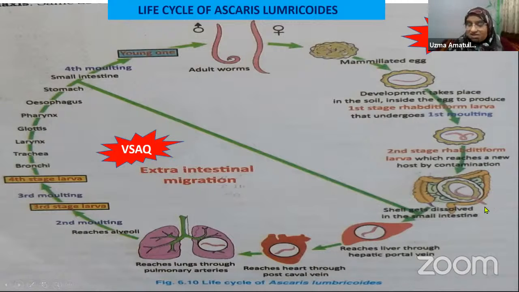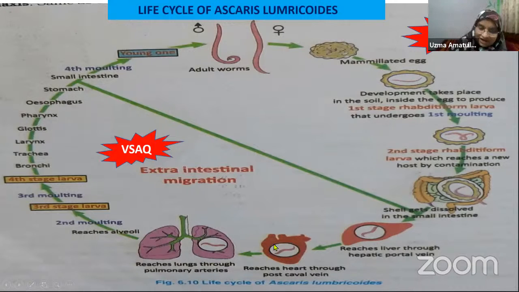It will penetrate and make its way into the blood circulation. And as the blood is going to the liver, along with that it will reach through the hepatic portal vein. And from the liver, it will reach the heart through the post-caval vein. Now, from the heart, it will reach the lungs through the pulmonary artery.